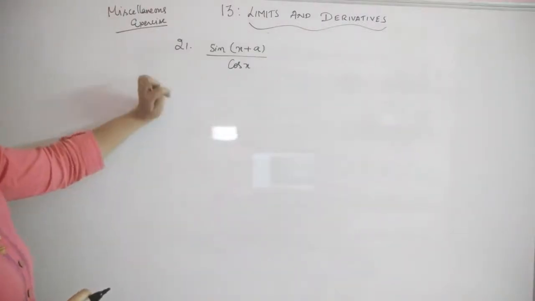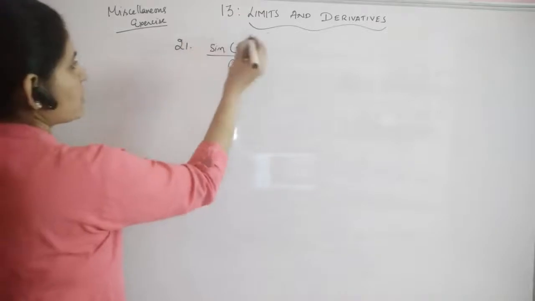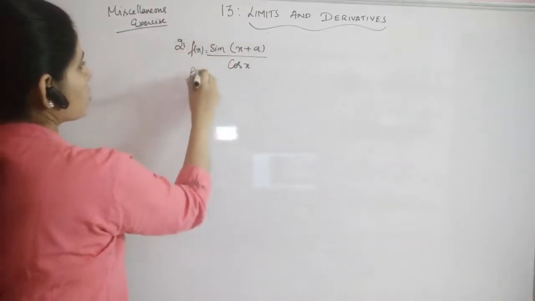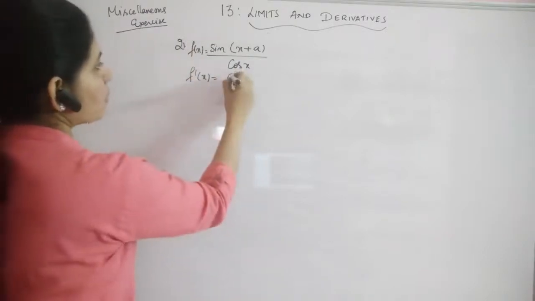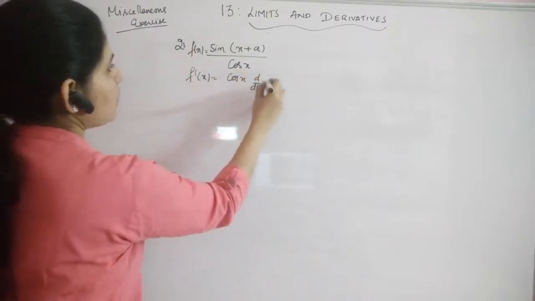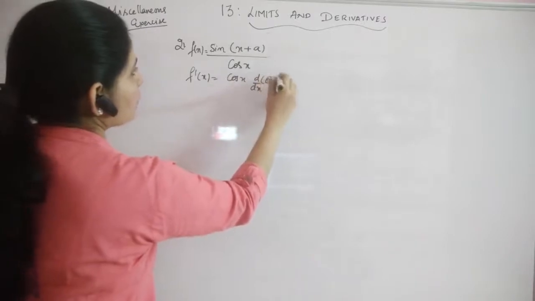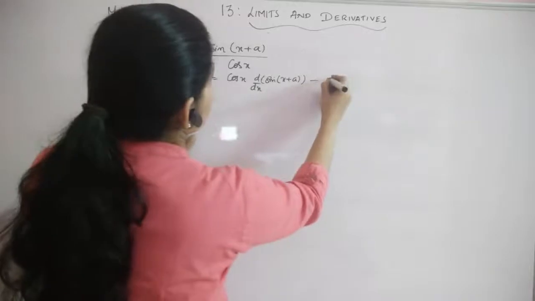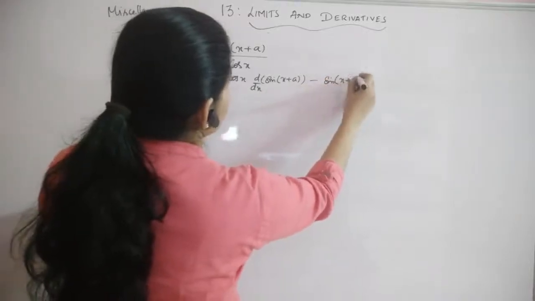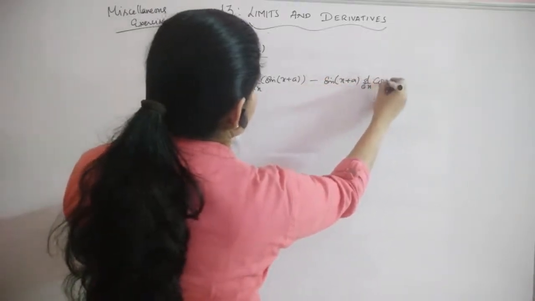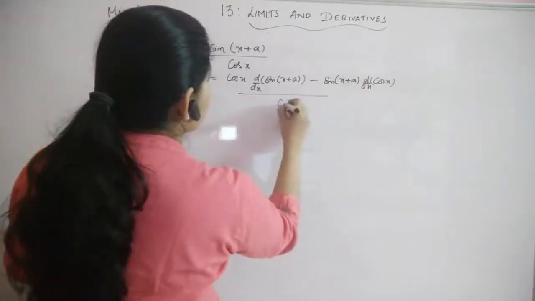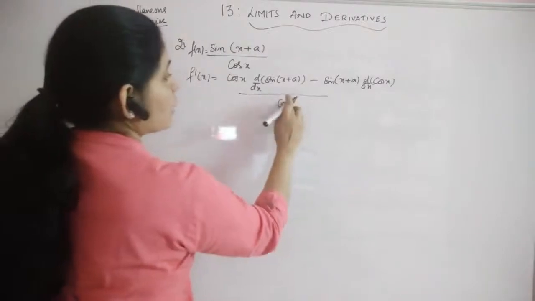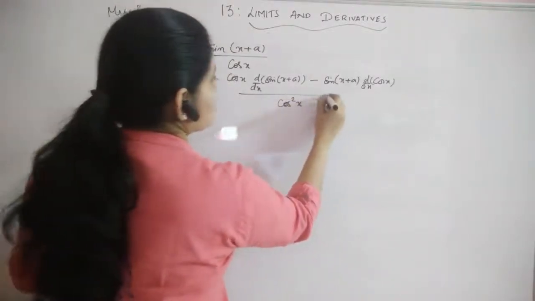Next is sin of (x plus a) divided by cos x. So if this is your f of x, f dash of x will be cos x into the derivative of sine of (x plus a), minus sine of (x plus a) into the derivative of cos x, divided by cos x the whole square. And what is cos x the whole square? It is cos square x. We can write it as cos square x also.